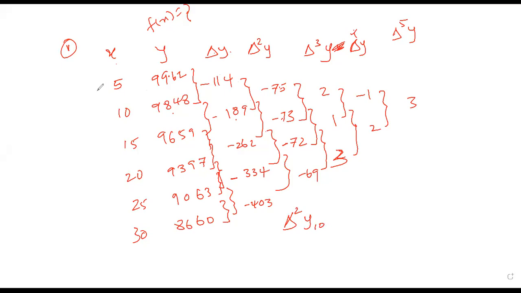So let's say index value 0, 1, 2, this will be 3, this will be 4, this will be 5. Okay. So this will be y0, y1, y2, y3, y4.